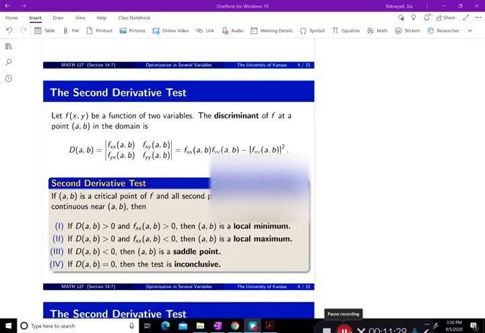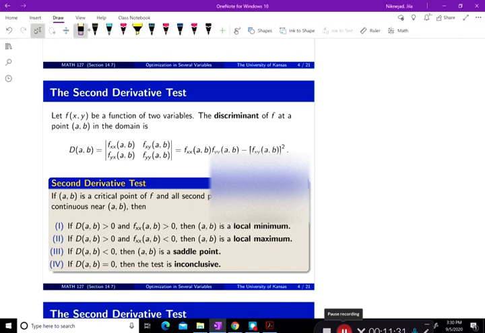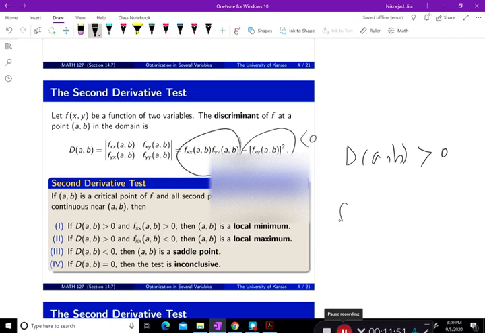And here's why. If you find that D(a, b) is bigger than 0, then because this part is going to be negative, this part has to be positive.